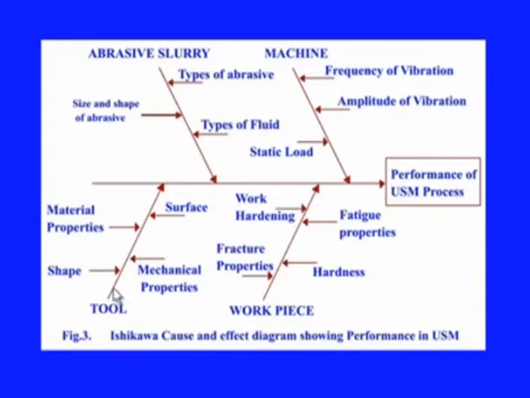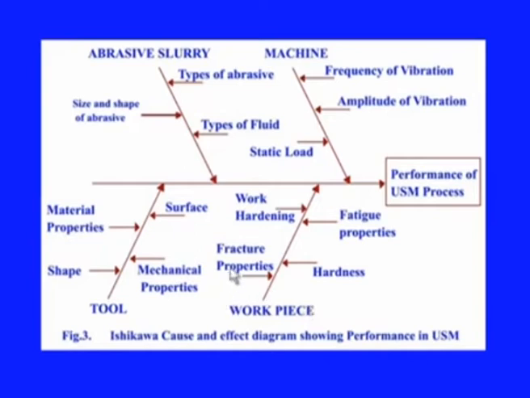Then as far as the tool is concerned, as we have already discussed, tool material is very important. So, the properties of the tool material are an important criterion, then the shape of the tool, then the mechanical properties of the tool material, strength etc., hardness, and then the surface.